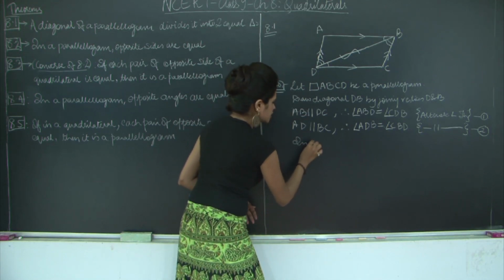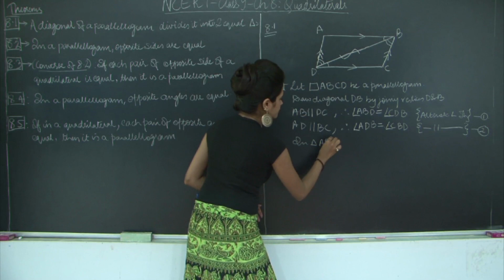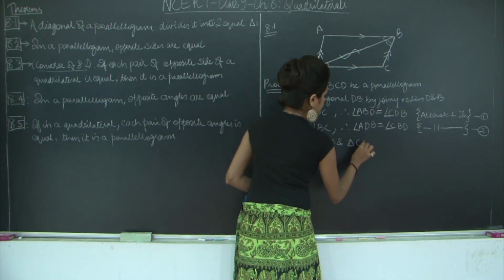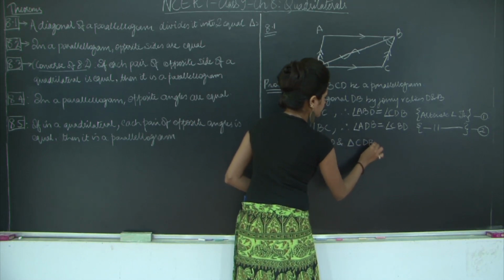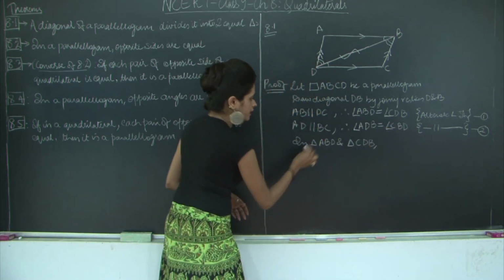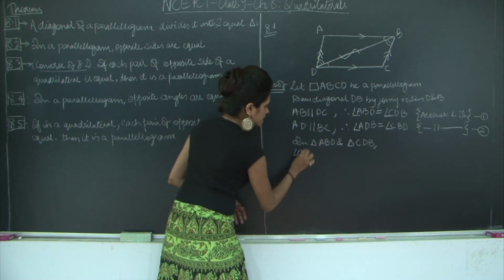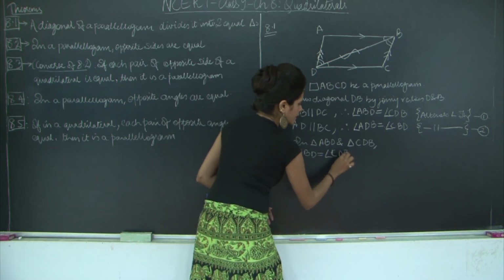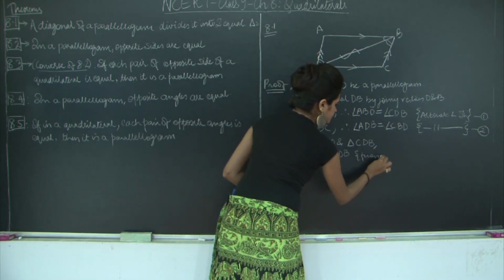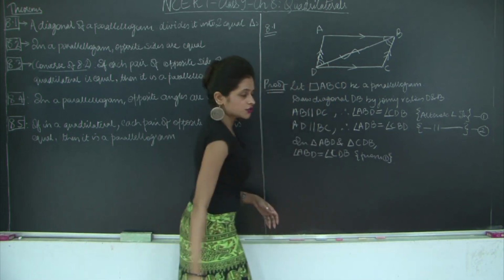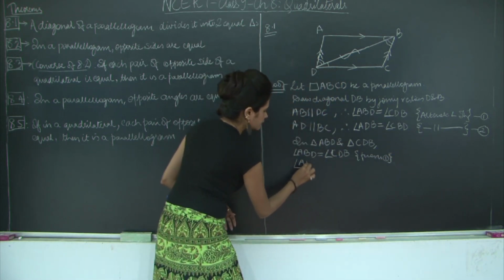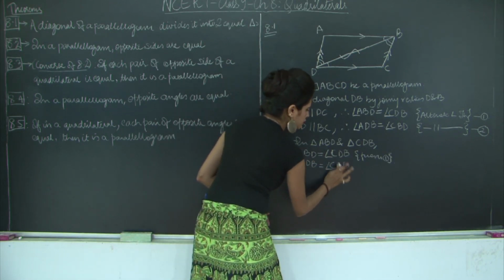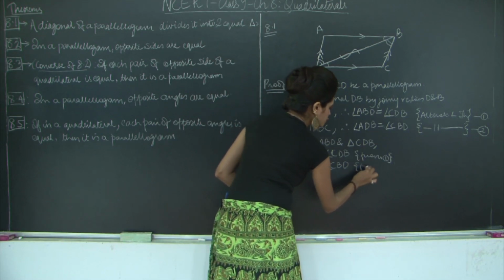Therefore, in triangle ABD and triangle CDB, we'll note down our point numbers 1 and 2. Angle ABD is equal to angle CDB, from 1. And also I will say that angle ADB is equal to angle CBD, from 2.